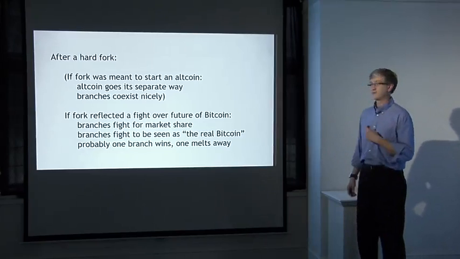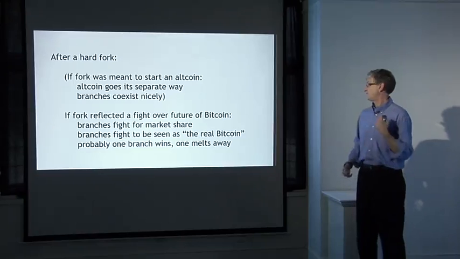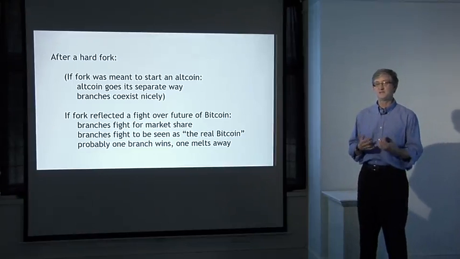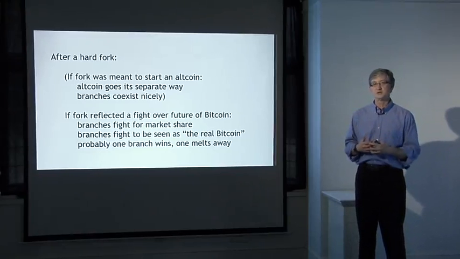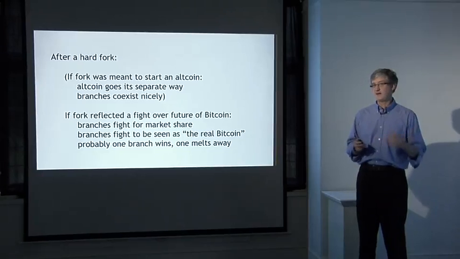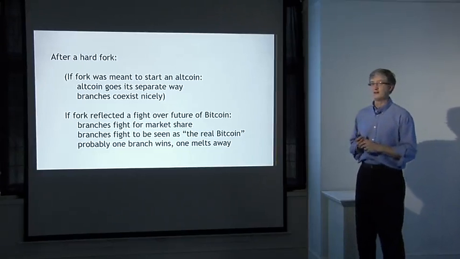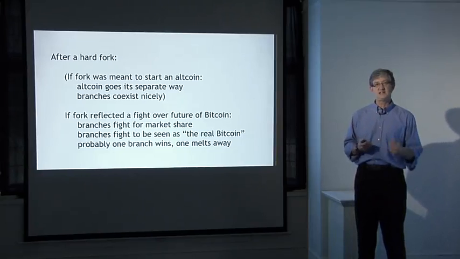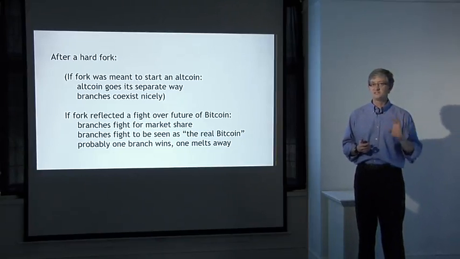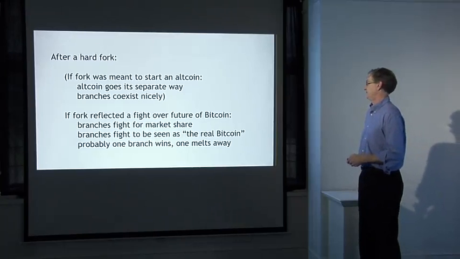The branches will fight for market share. The branches will fight to be seen, to be perceived as being the real Bitcoin. Probably each branch claims to be the real Bitcoin, and there's a public relations fight between them, which goes along with the fight for market share. Each one wants to be seen as the real thing, and the other one to be seen as the weird splinter group.